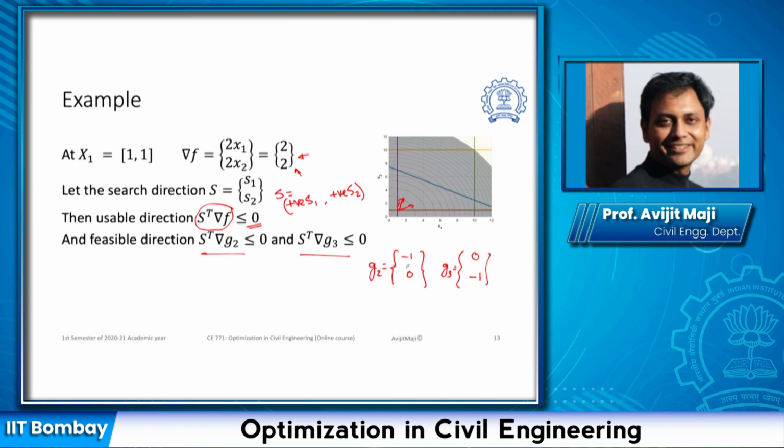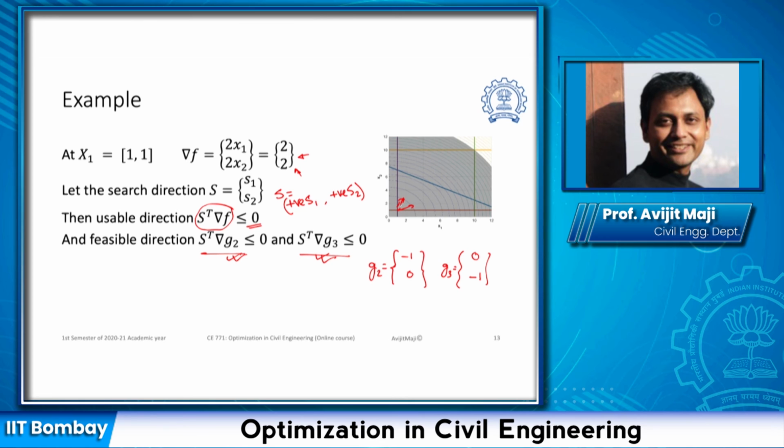So any positive value or any positive direction, if we consider, it is definitely going to satisfy this condition as well as this condition, which means it is satisfying the constraints, but it is not reducing the function value, rather it is increasing the function value, which means I have reached a point where the function value is minimum.